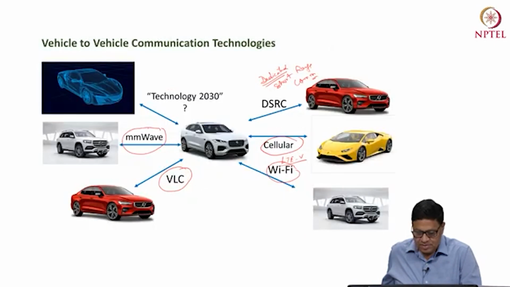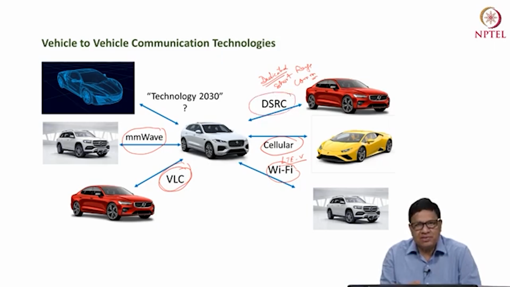So let us see, in this lecture, we are going to discuss visible light communication. And also, I'll explain what the issues are with the existing technology, which is RF based, and part of the standard, which is DSRC, dedicated short range communication.